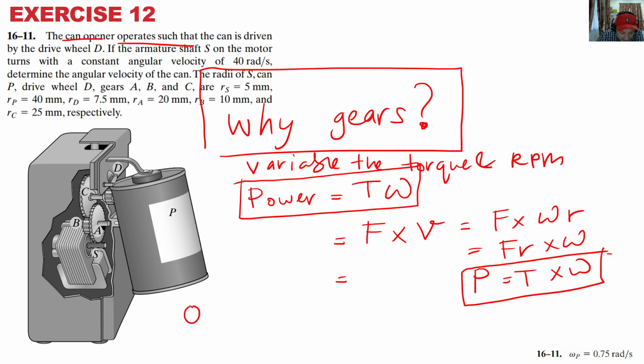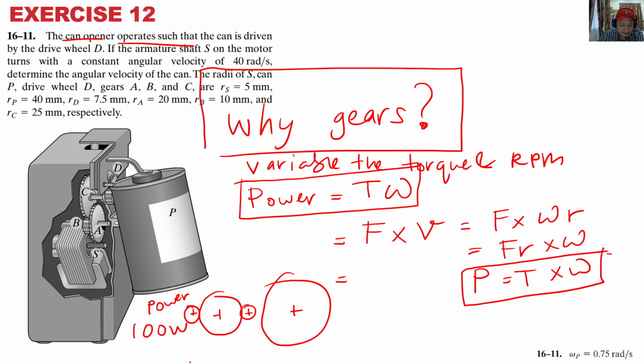So when you have multiple gears, this is your power over here. Let's say you are giving it 100 watt. Through all these gears and with some efficiency, probably your output is going to be like 95 watt.